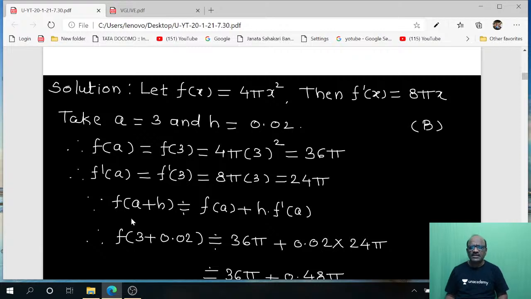Therefore, the formula for the approximation: f of a plus h is approximately equal to f of a plus h into f dash of a. Now we'll substitute the values. It's very simple.